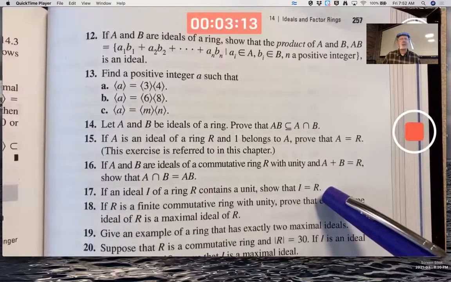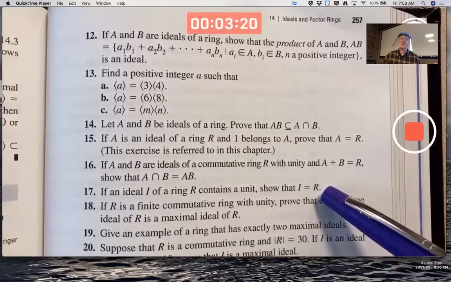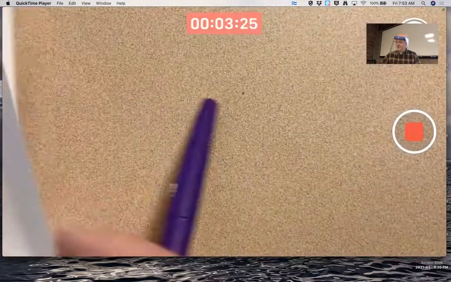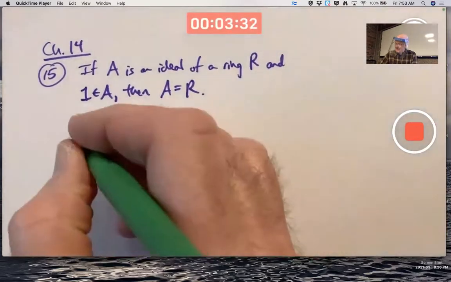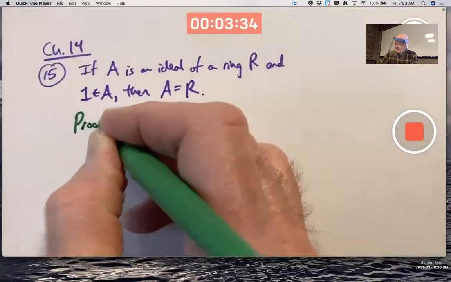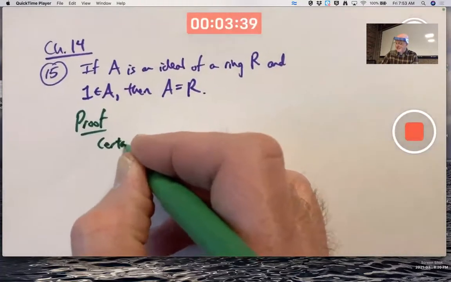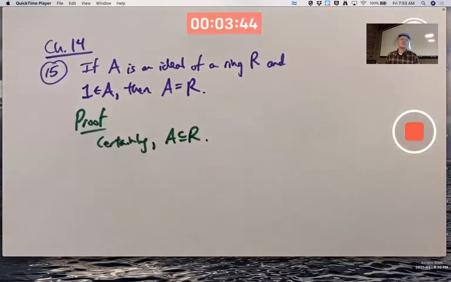So ideals, while they are somewhat analogous to normal subgroups, they're not completely analogous. They do have some surprises, you might say, that don't show up with normal subgroups. So let's start by seeing if we can prove this. If A is an ideal of a ring R and 1 is in A, then A equals R. Well, certainly A is a subset of R. By definition of A being an ideal in R, it's got to be a subset.